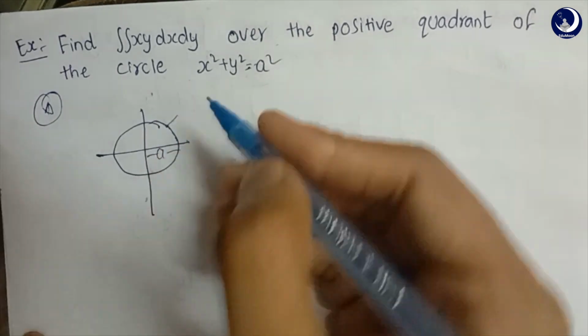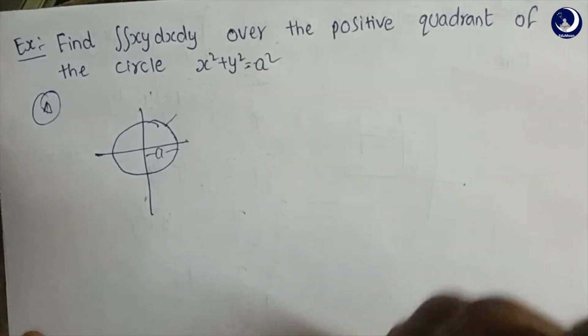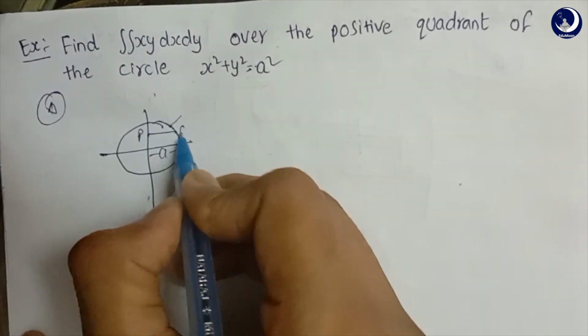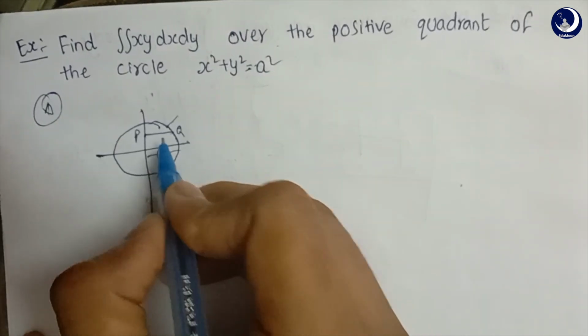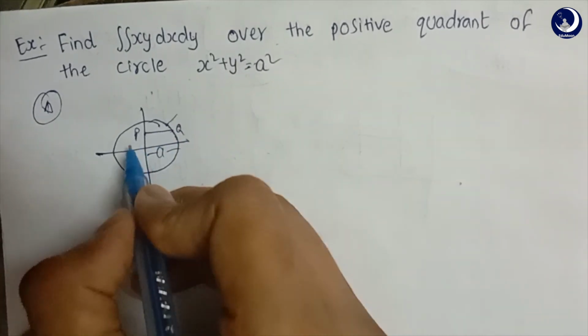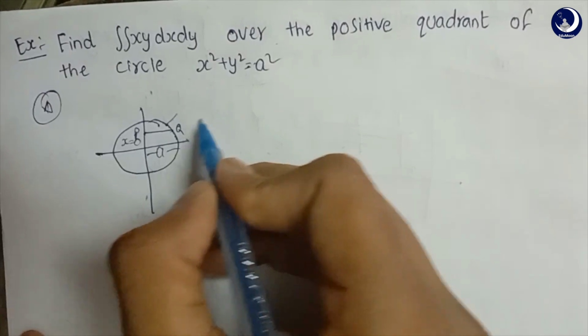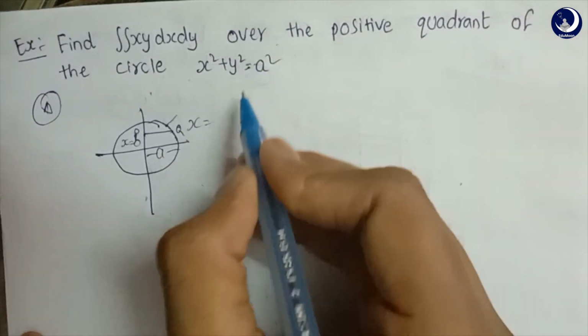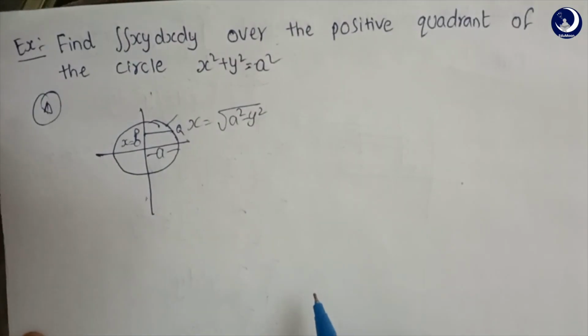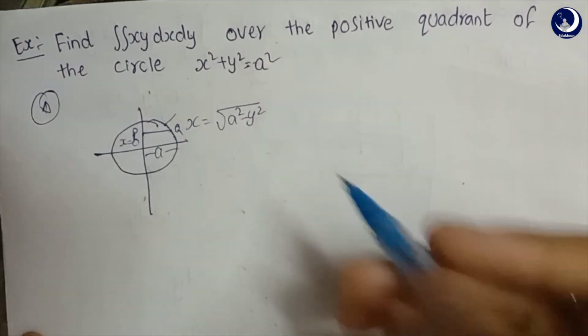In this function, if you take a strip PQ parallel to the x-axis, that means here the x limits are variables. Initially x equals 0, finally x equals, from the equation, root over a square minus y square. So then what are the y limits?